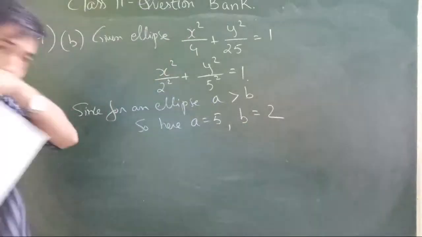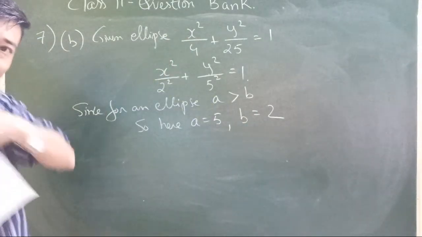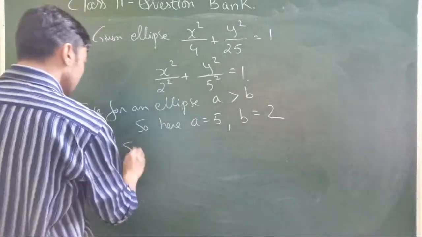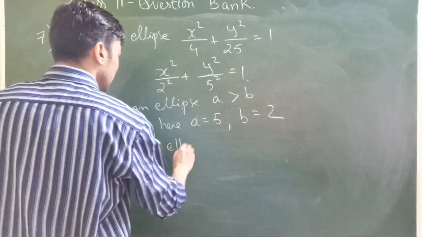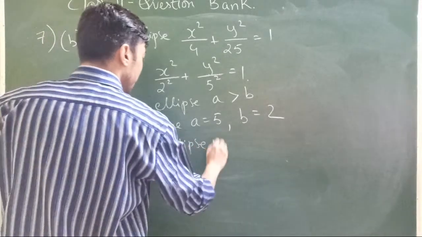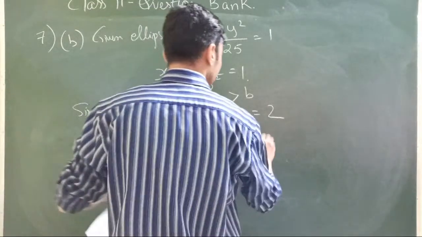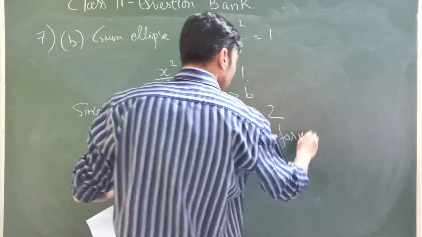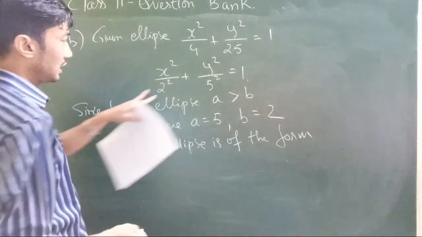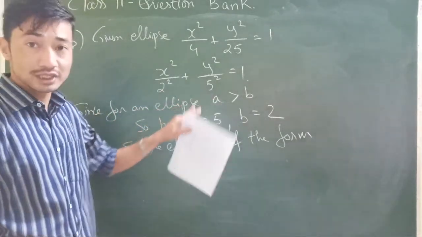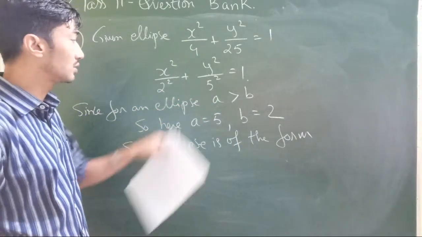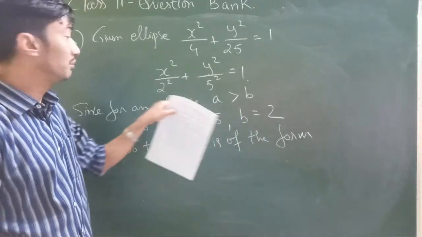I'll just write it in detail for you. For an ellipse the value of a always has to be bigger no matter what, so that means a has to be 5 and b will be 2.